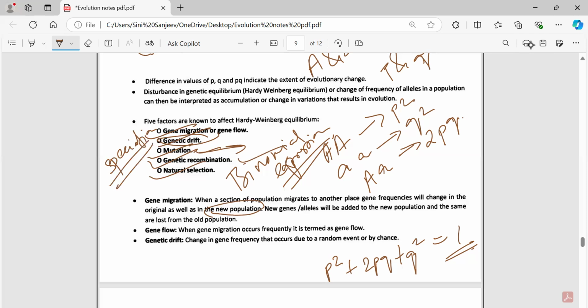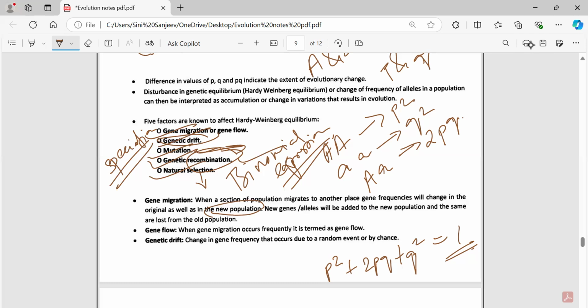Then you have genetic recombination. Recombination means there will be a reshuffling of your genes. Whatever genetic combinations are there, they are going to reshuffle, and because of that there will be a recombination. What do you mean by recombination? It's nothing but crossing over. When there is crossing over, it is again going to lead to genetic variation.